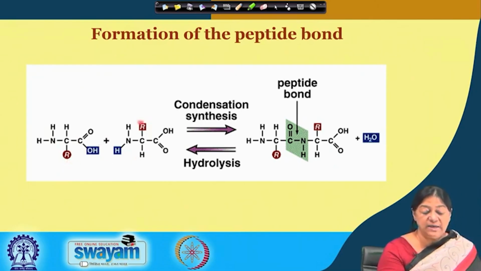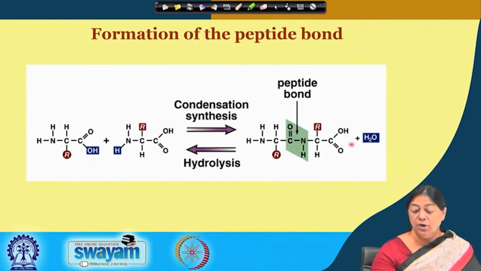Similarly, we have a second amino acid where we have the designation as a square R group and a circular R group, just to give a distinction between the structures. In the process called condensation, we lose a molecule of water. In the loss of the molecule of water, we have a peptide bond created between this R group and this R group.